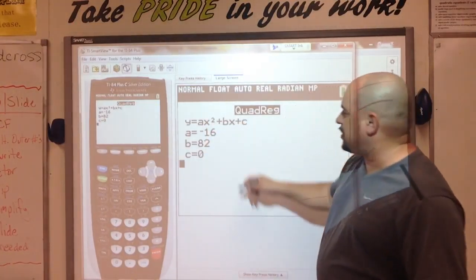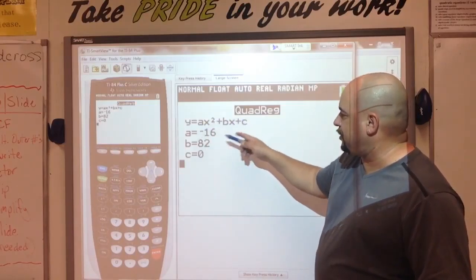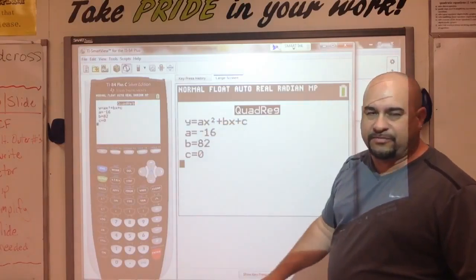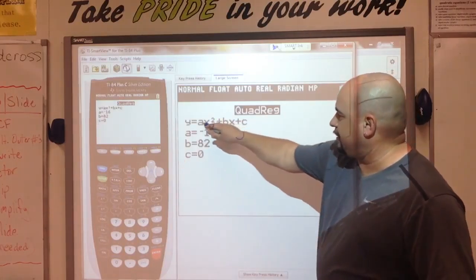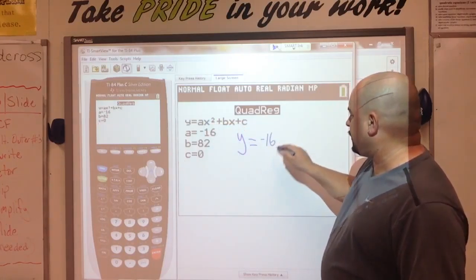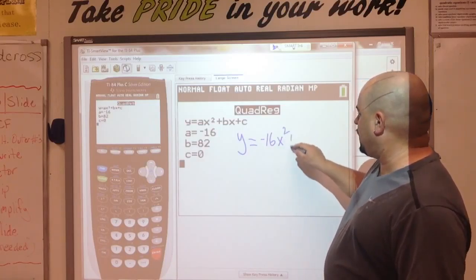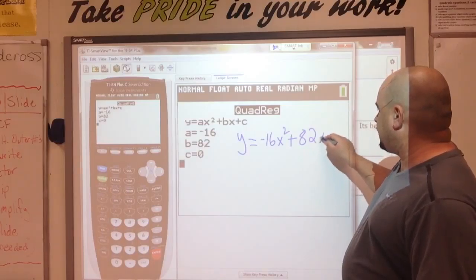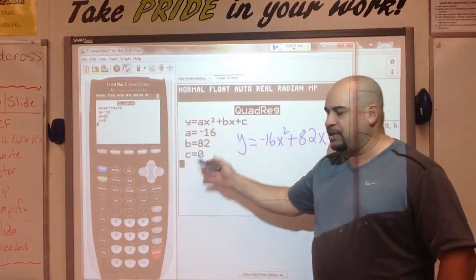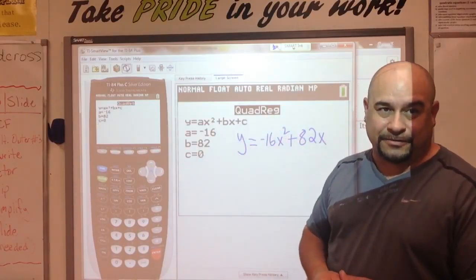And what I'm going to do is replace my A, B, and C with the actual numbers they gave me. So I've got y equals, A is negative 16, x squared, plus B is 82, x, and notice C is 0, and I don't need to write it down.